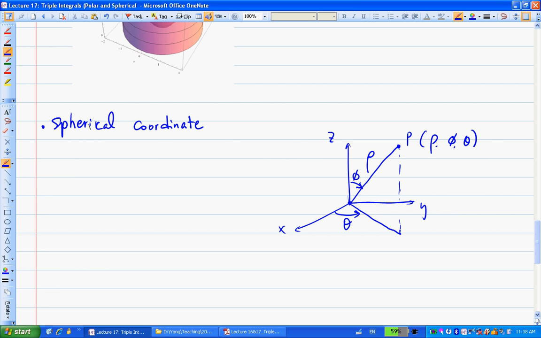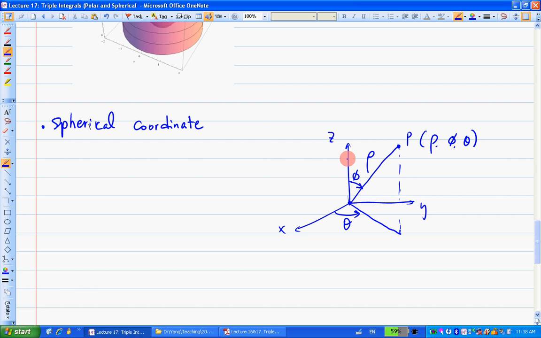Now, be careful of the arrows here. Whenever we talk about an angle, there's always a positive direction. For theta, it's always positive when you start from the x-axis.